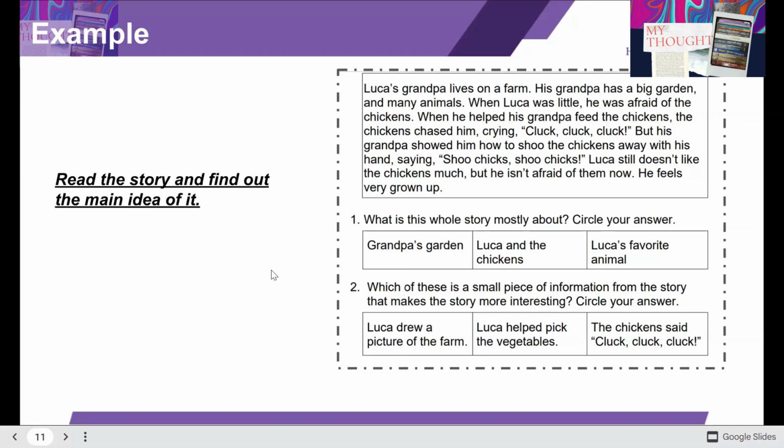Now Luca, after growing some, is reviewing his childhood experience, what happened at that time, and now he is not afraid of them. So for that I am going with Luca drew a picture of the farm. That is from my side. Okay.